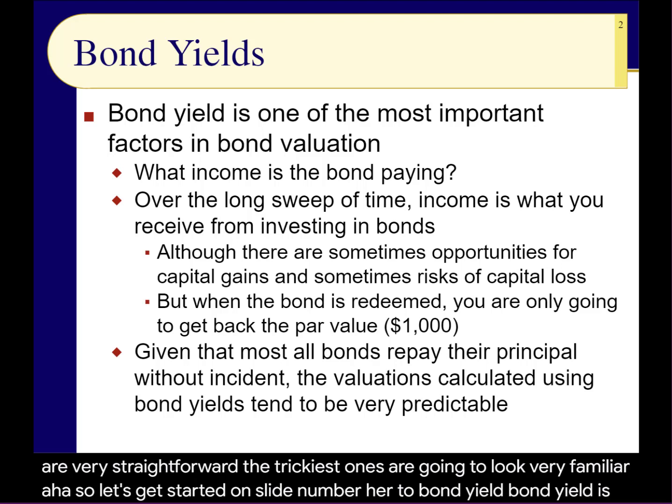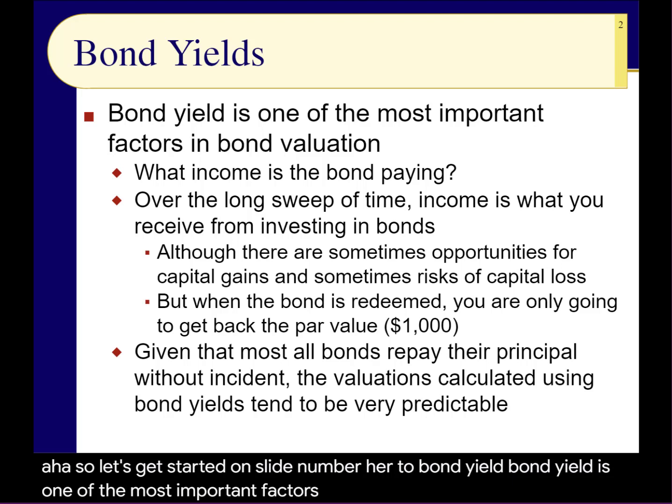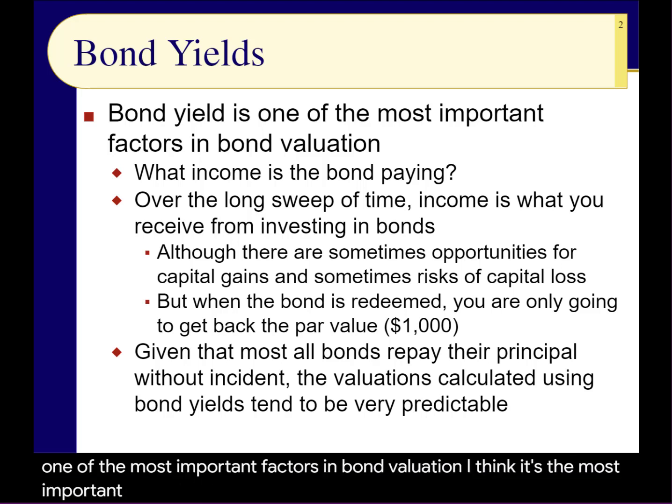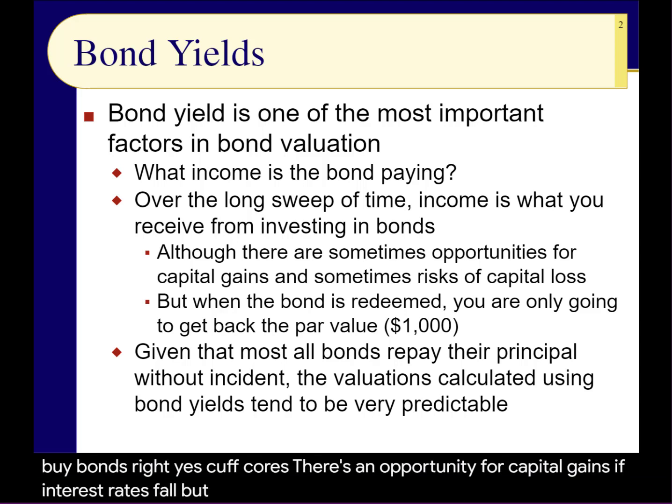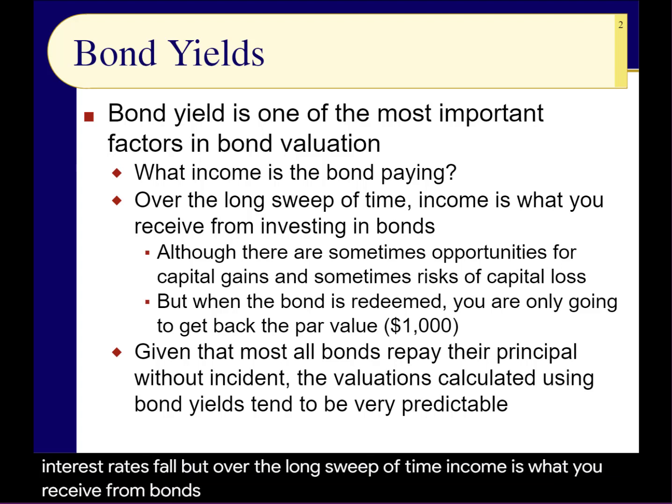Bond yield is one of the most important factors in bond valuation. I think it's the most important factor. What income is the bond paying? Because that's why we buy bonds, right? Yes, of course, there's an opportunity for capital gains if interest rates fall, but over the long sweep of time, income is what you receive from bonds.